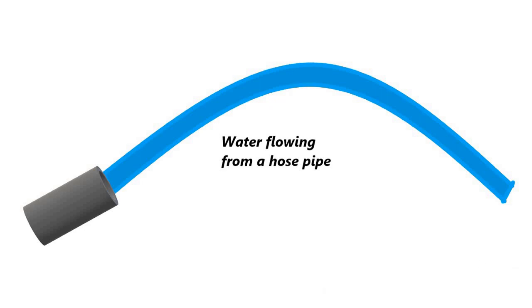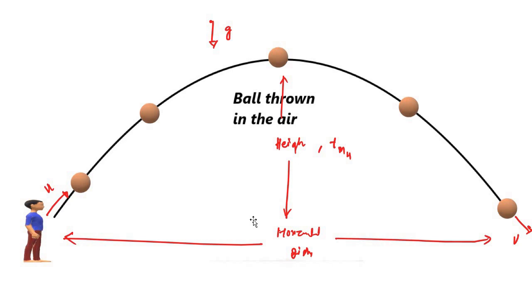So in projectile motion, two-dimensional motion is involved. Why? See, here the motion of the ball is happening in two dimensions. First, the ball is covering a certain horizontal distance, which is along the x-axis. That is clear from here.